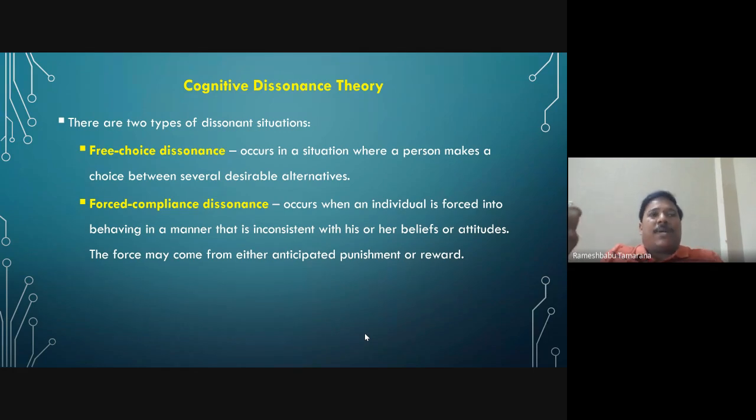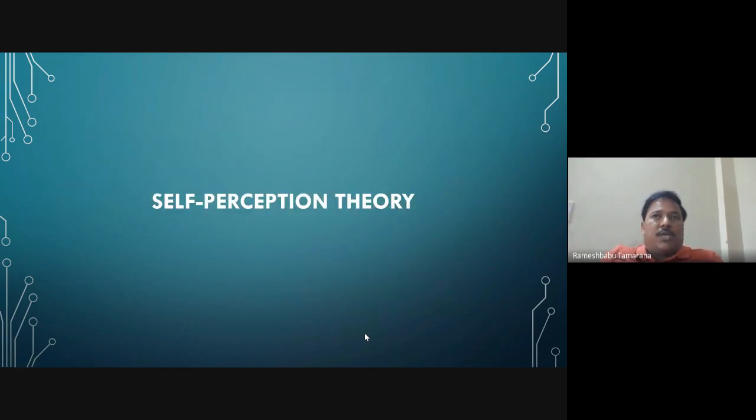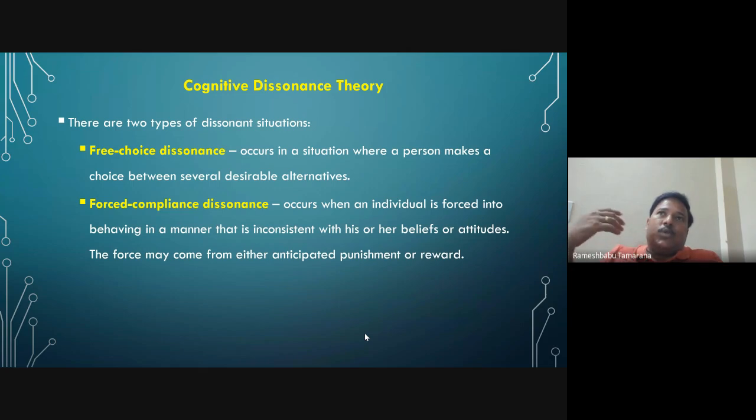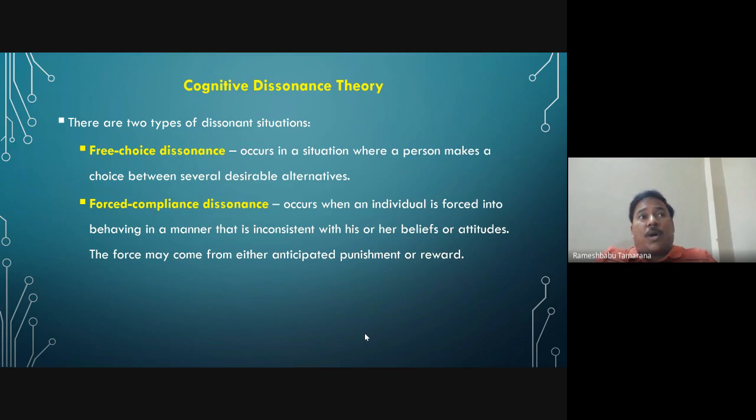But sometimes people may stop doing it, right? Usually forced compliance works very well, but sometimes every time we force our children to do certain things, later they may stop doing those things. These are the two important dissonant situations that might arise.